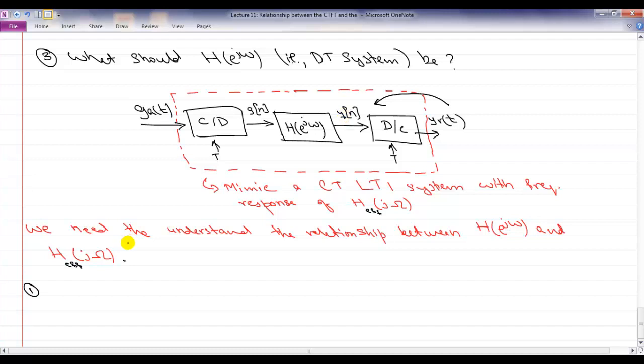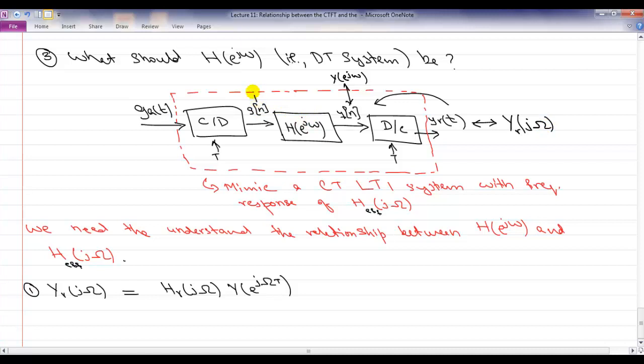If you start with samples, the output Y_r of j omega is simply the reconstruction filter H_r of j omega times the Fourier transform of y, scaled by a multiple given by your time period T. The notation I'm using is: the Fourier transform of this is Y of e to the j omega, the Fourier transform of this is Y_r of j omega, the Fourier transform here is G of e to the j omega, and the Fourier transform of this is G_a of j omega.